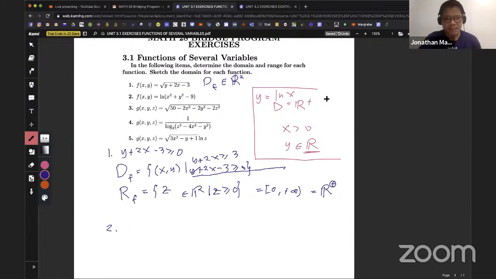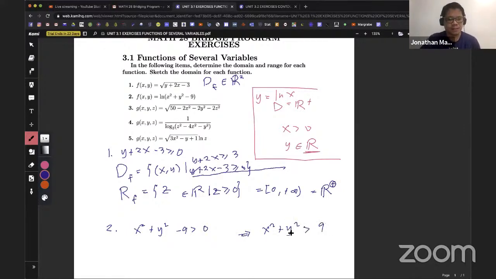Since from our basis, the argument of the natural logarithm function should be greater than 0, that means x squared plus y squared minus 9 should be greater than 0. Or you can write it as x squared plus y squared is greater than 9.